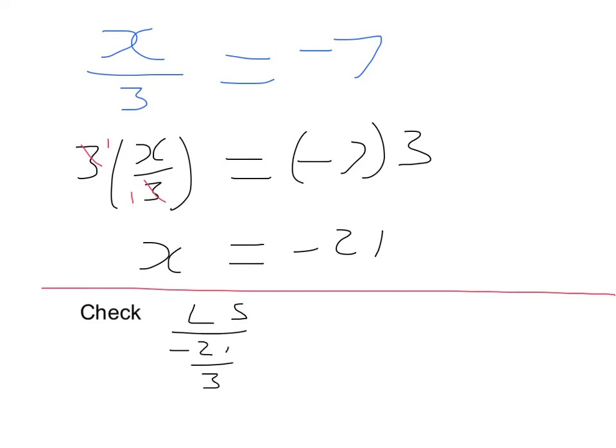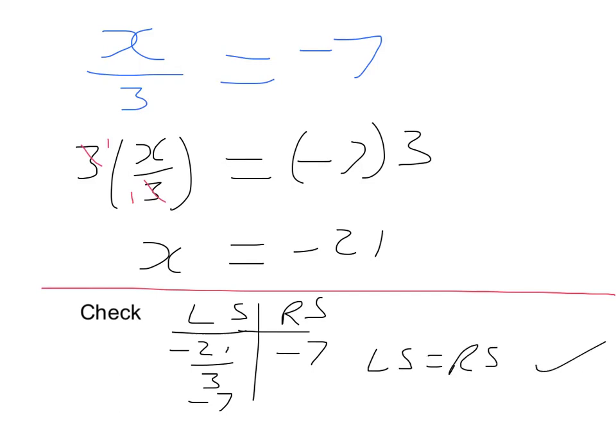We're hoping that works out to be whatever our right side is. In this case, it's as simple as negative 7. Well, negative 21 divided by 3 we know is negative 7. Since our left side equals our right side, we know that we got the right answer.